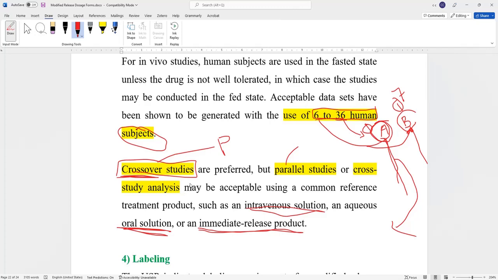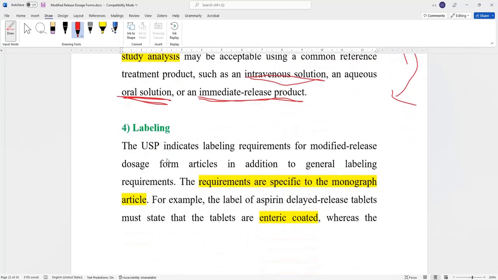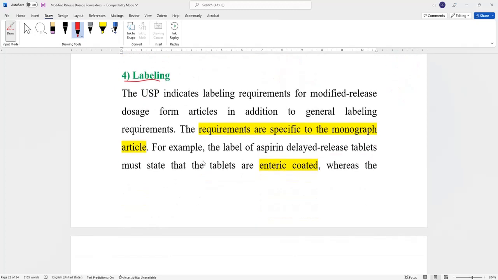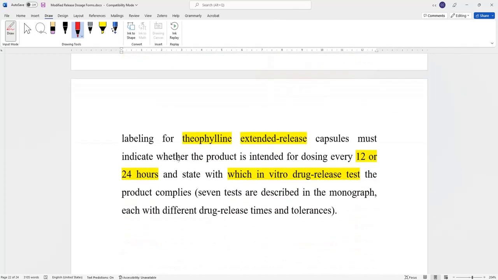So you need to be aware of these different types of study. Labeling, what you should be labeling. Of course, in addition to the usual labeling requirements, you need to indicate, for example, whether your tablets are enteric coated or not. For example, the United States Pharmacopoeia says aspirin delayed release must be stated on the label that this is enteric coated.